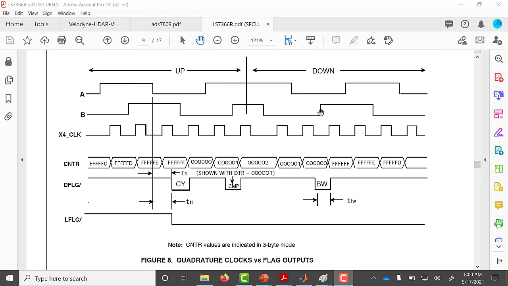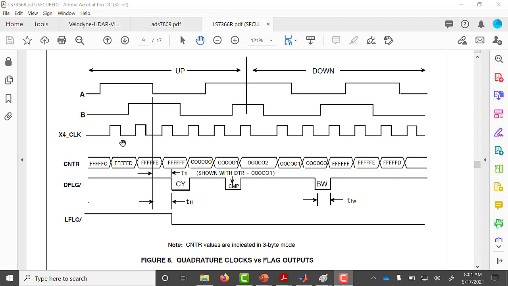On the other hand, when the rising edge of the B channel leads the rising edge of the A channel, that's going in a negative direction. That's how the counter works, based on the phasing of the A and the B. What you do is you basically count the rising and falling edges of A and B. They call that quadrature.